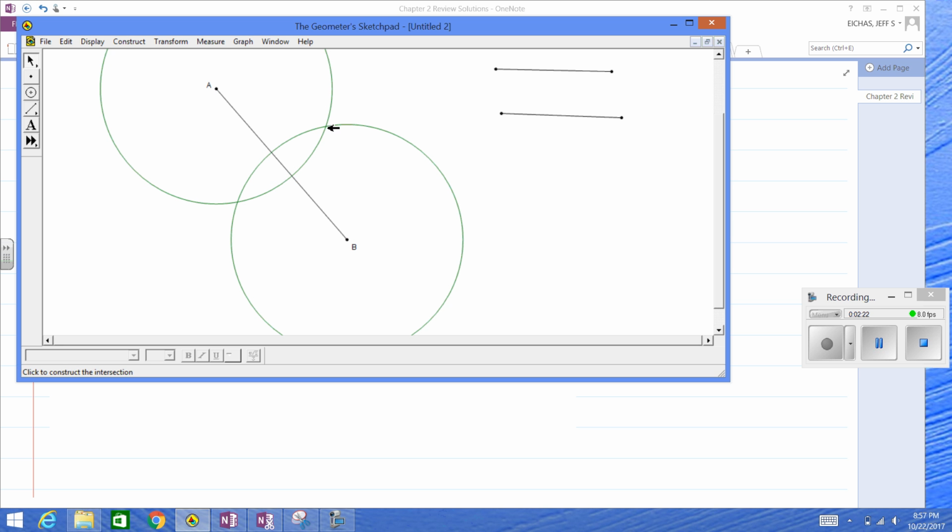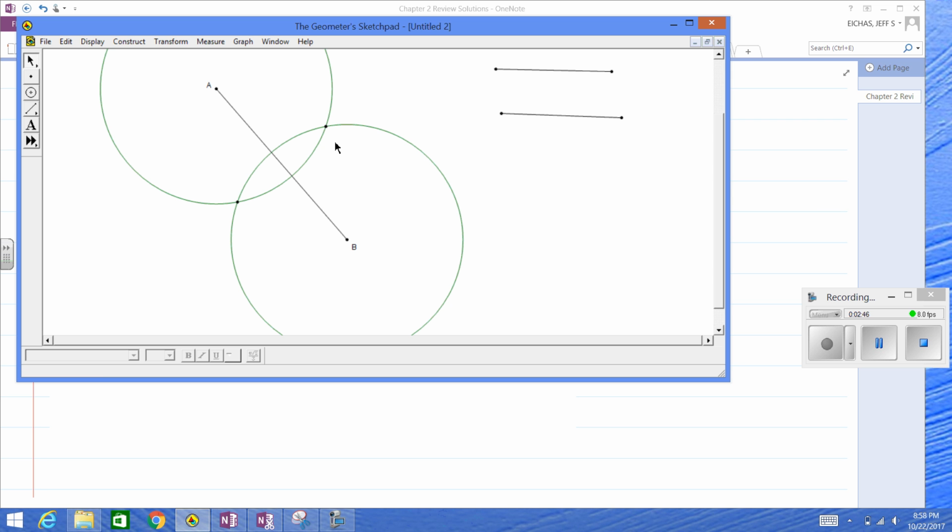Your compass tool will do this beautifully. The points where these two intersect are points that are the same distance from A as from B. This is a point right here that's the same distance from B as it is from A, because we used circles with the same radius.